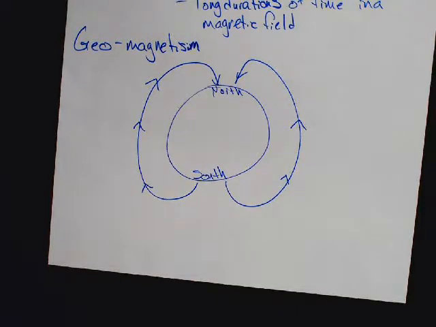The opposite, the S pole, right? So if the end pole of my compass points that way, what's got to be over there? A south or an S pole. So if I'm pointing to geographic north and the end pole of my compass is pointing to geographic north, what's got to be at geographic north? A magnetic south.